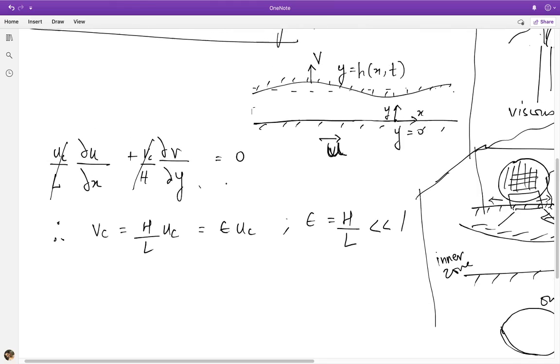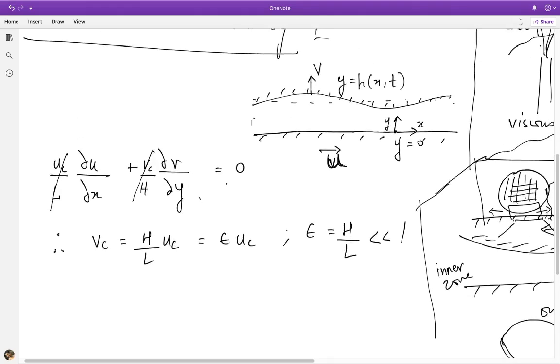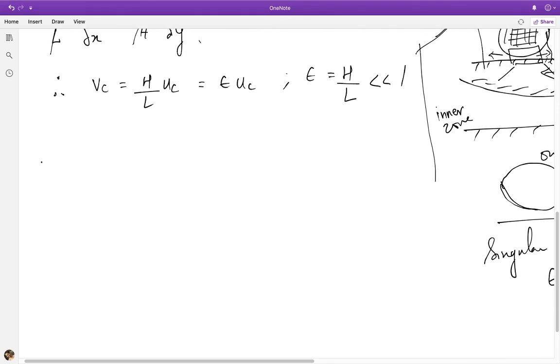Let us now move to the momentum equation for the horizontal velocity. So I have here rho sitting on the outside.